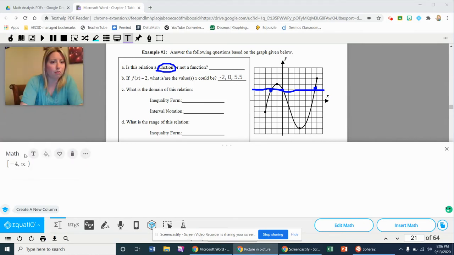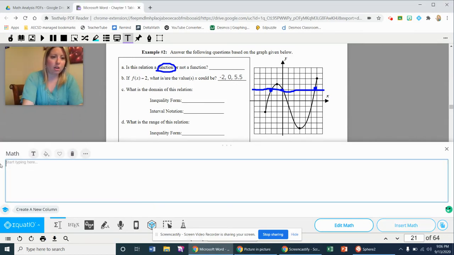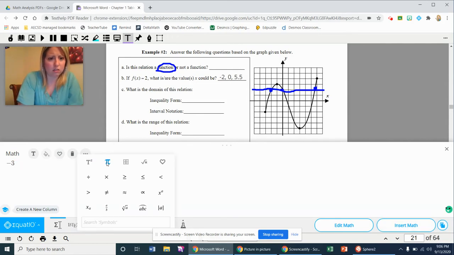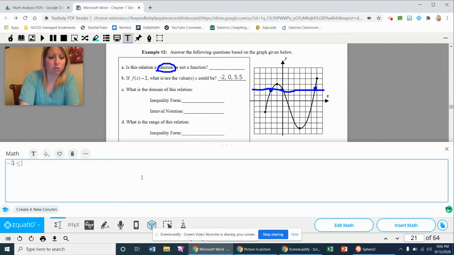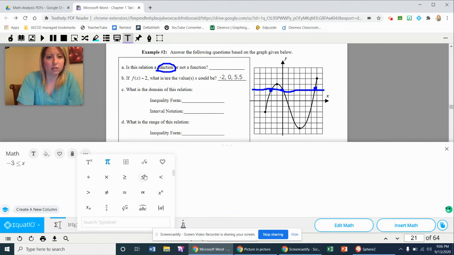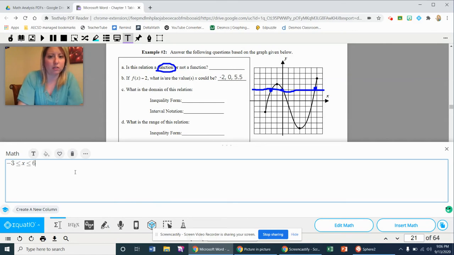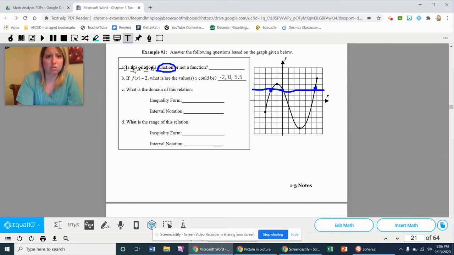So we'll write -3 is less than or equal to x, which is less than or equal to +6.